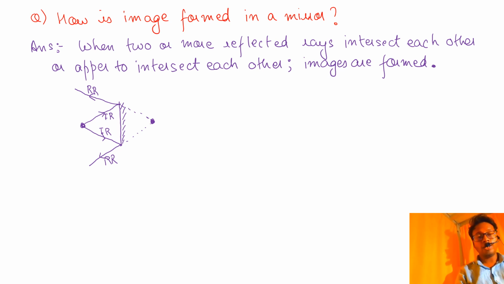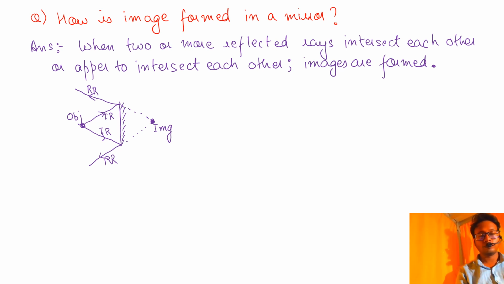Okay, and when reflected rays are appearing to meet at a point, those types of images are called virtual images. Okay, this is the object. And if real reflecting rays are meeting at a point, then those kinds of images are called real images.